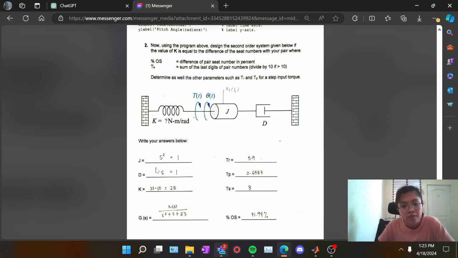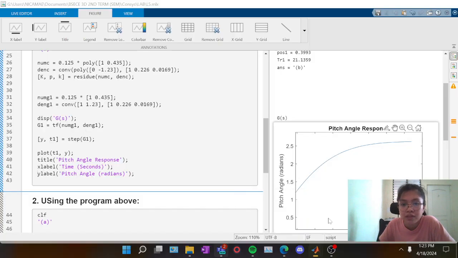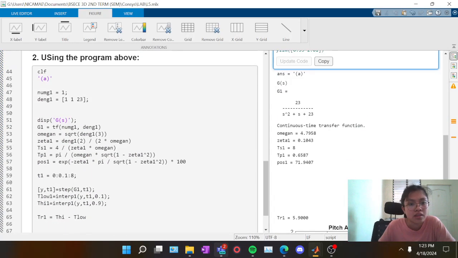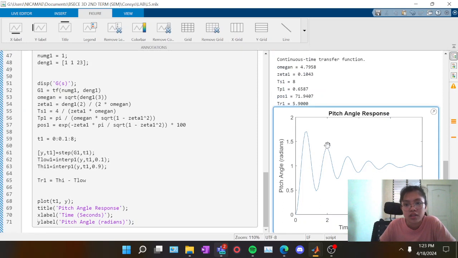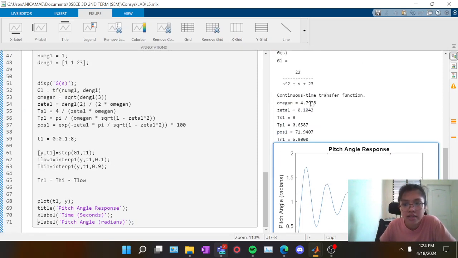Inputting these parameters to MATLAB, we will get an underdamped system. The zeta is 0.1043, which is in between 0 and 1, and the settling time is 8.